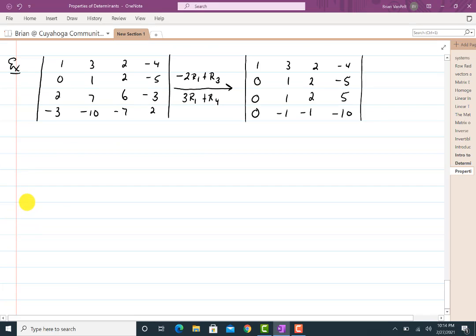So what I'll go ahead and do now is use this one right here to wipe out the things below it. I'm just shooting for a diagonal matrix. Upper triangular, in fact. Let's see then. We would do -R2 plus R3, and then we would do R2 plus R4.